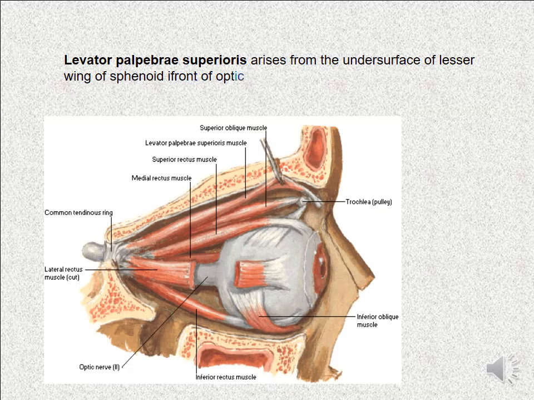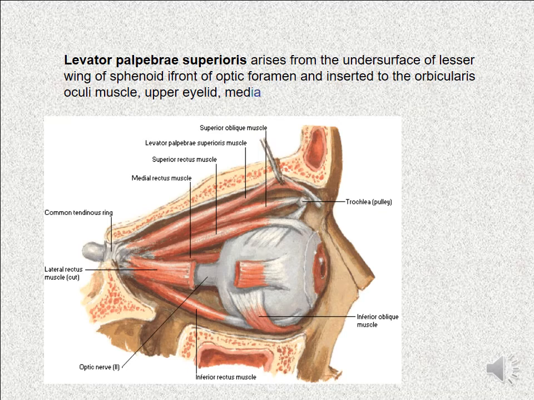We have another muscle, not related to the recti or oblique muscles, called the levator palpebrae superioris. It arises from the under surface of the lesser wing of the sphenoid bone in front of the optic foramen and inserts into the orbicularis oculi muscle, the upper eyelid, and the medial and lateral palpebral ligaments. It has its origin from the inner surface of the lesser wing of the sphenoid bone and goes anteriorly in front of the optic foramen.